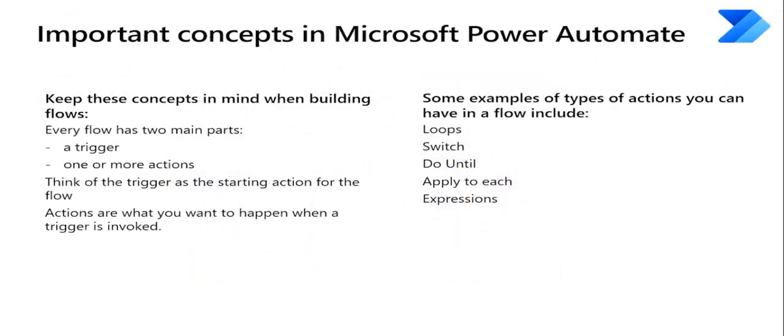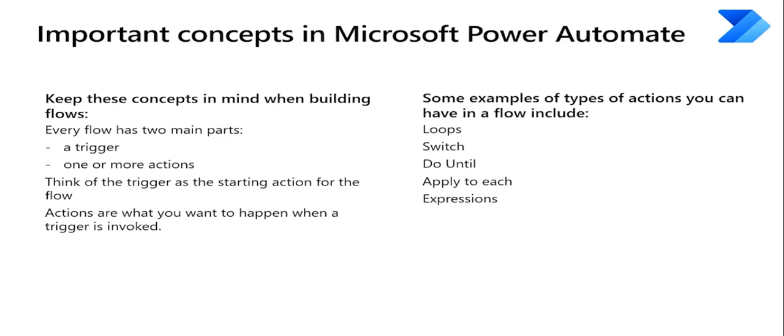Here we have some important concepts you will want to keep in mind when you're building your flows. First, every flow has two main parts, a trigger and one or more actions. You can think of the trigger as the starting action for the flow. The trigger can be something like a new email arriving in your inbox or a new item being added to a SharePoint list.